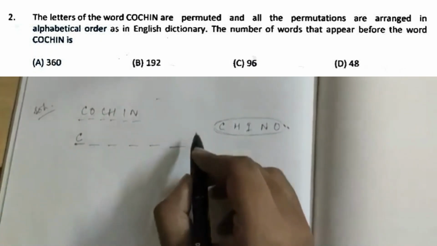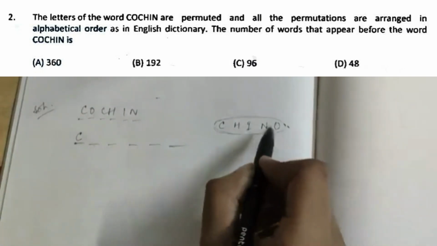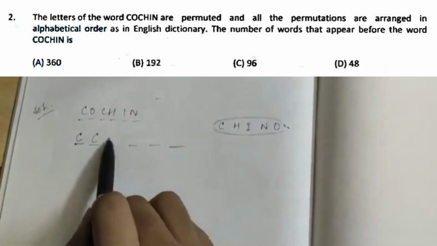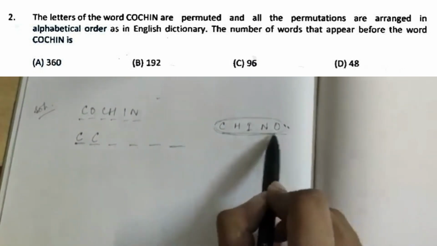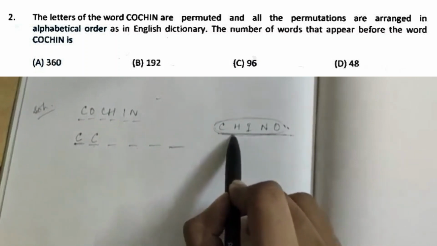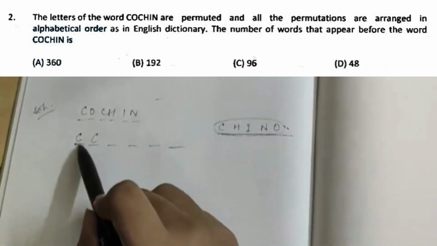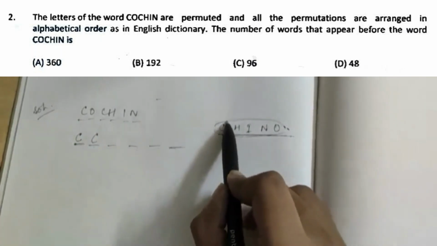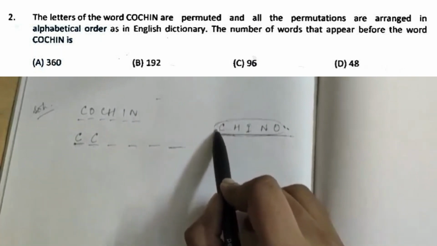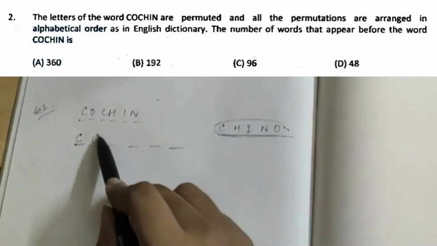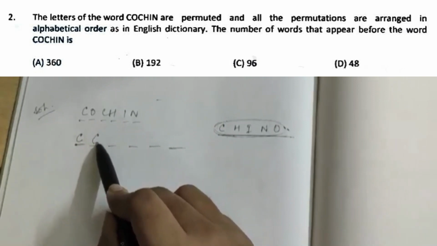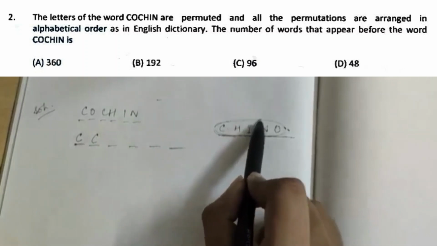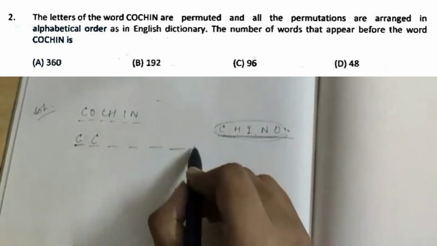Let me put C here. Then for the remaining 4, in alphabetical order, if I fix C in the first position, then in the second position C must come according to the alphabetical order at first in the dictionary. If I fix C also in the second position, then the remaining 4 places are vacant and can be filled by HINO in 4 factorial ways.